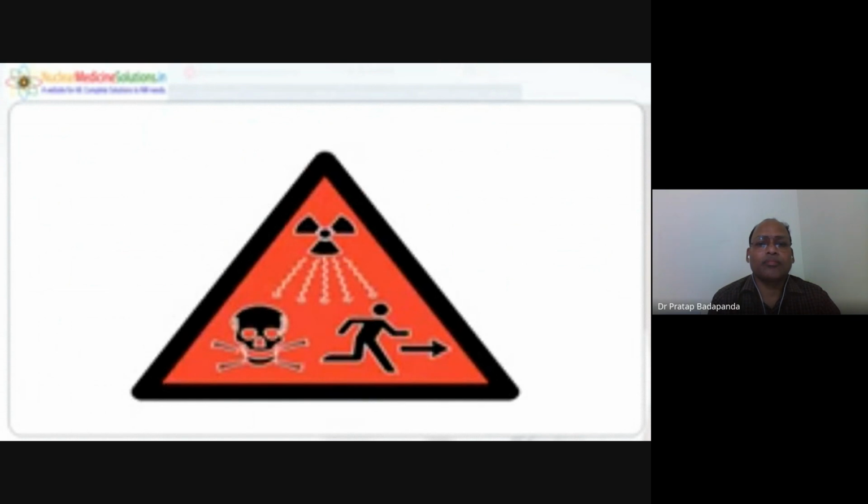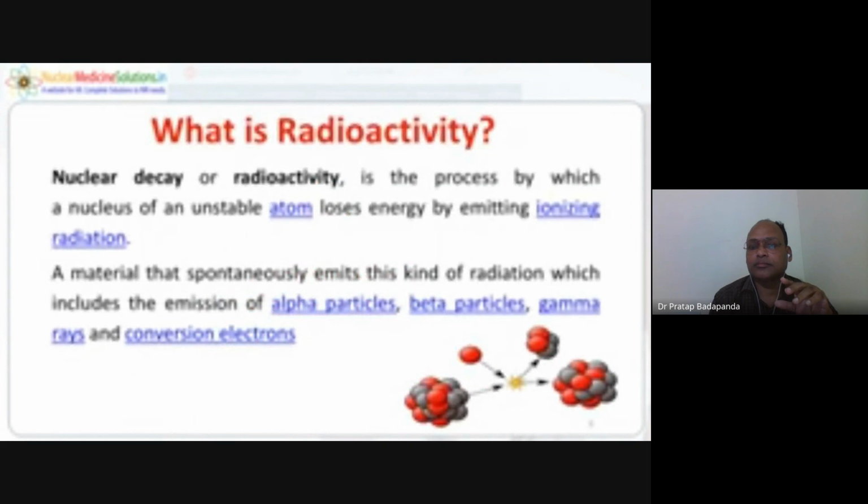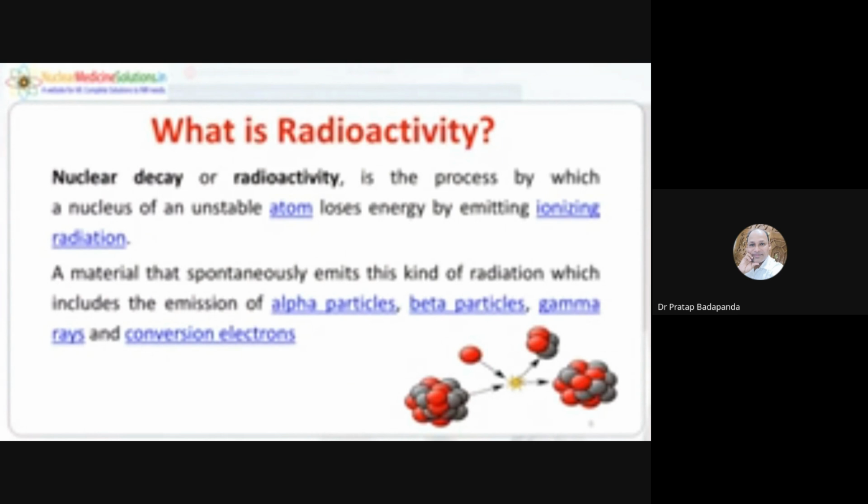This is one of the important symbols which you might have come across at many places, which talks about there being radiation in hospitals and industries. This shows that there is radiation at that particular point. Now, we should know what radioactivity is.